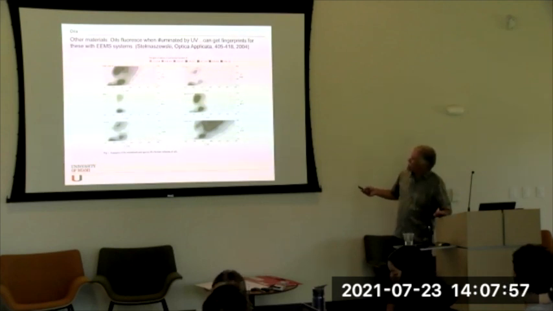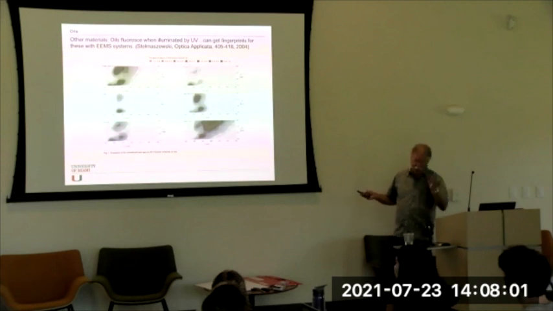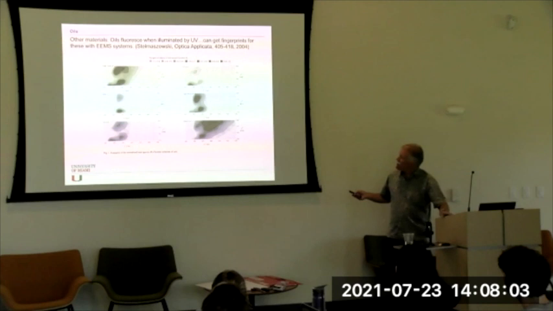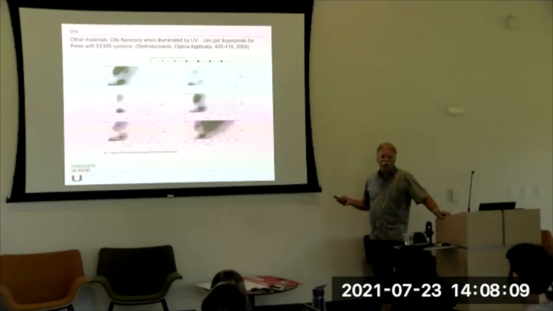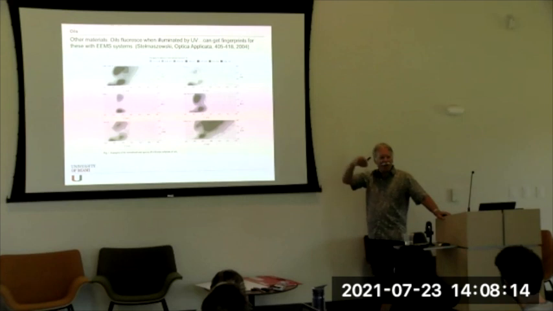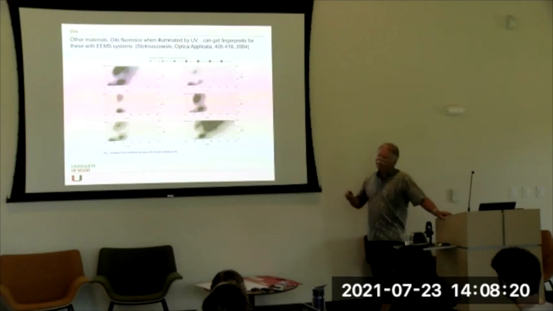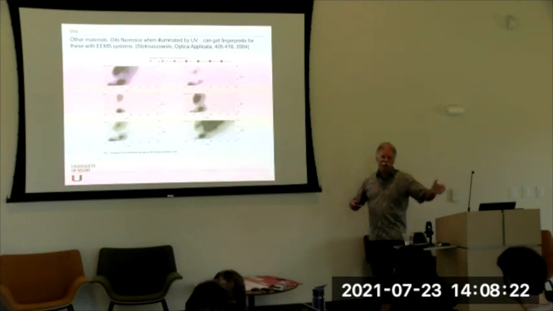But this is an example of an excitation emission spectrum. Here's the excitation, here's the emission. Colin has one of these spectrometers that does this. What you don't see here is Raman scattering, which shows up in these instruments. And by calibrating against Raman scattering, for which you know the scattering cross section, you should be able to take the CDOM and put it to a real number.